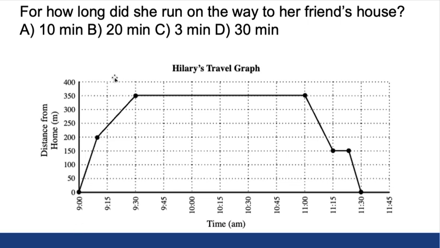So it would be from 9 to that particular point right there, which would be roughly 10 minutes. So I would go with 10 minutes. Definitely not 3 minutes, nor 30 minutes. That 30 minutes is the total time to get to her friend's house. So A is the right answer.